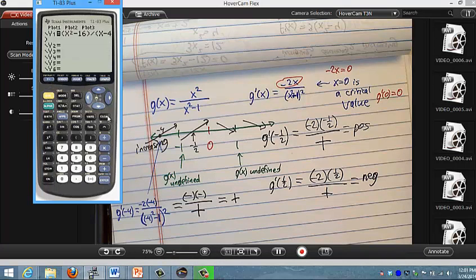Clear that out. We need just x squared divided by, and now I want x squared minus 1 in parentheses.